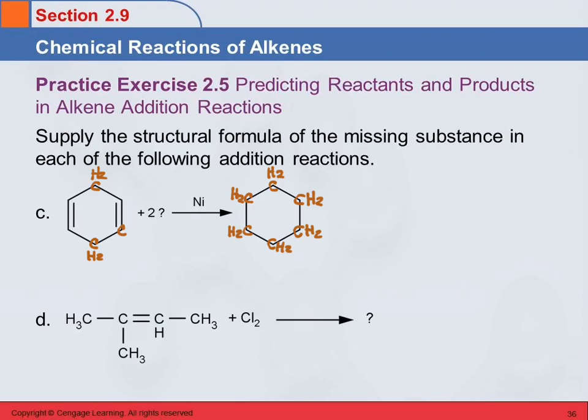What about this carbon? How many hydrogens did it have? Only 1, right? Because it's got 2 bonds here and 1 bond here. So there's 1 implicit hydrogen on that guy. And there's one implicit hydrogen. Because each carbon has to have 4 bonds.